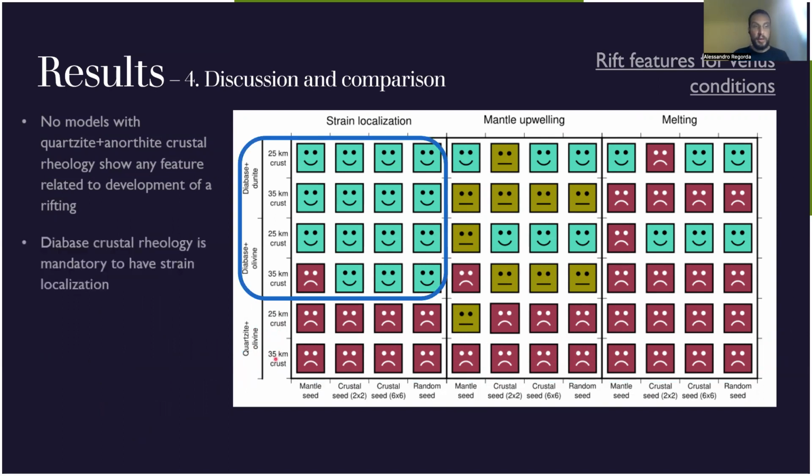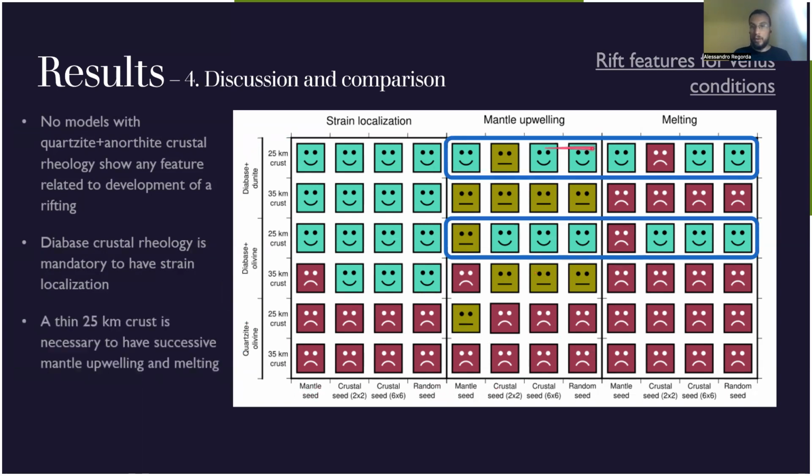So a stronger rheology for the crust is mandatory to have strain localization. The only exception is this one, but generally with a stronger rheology of the crust, there is strain localization, irrespective of the seed chosen.